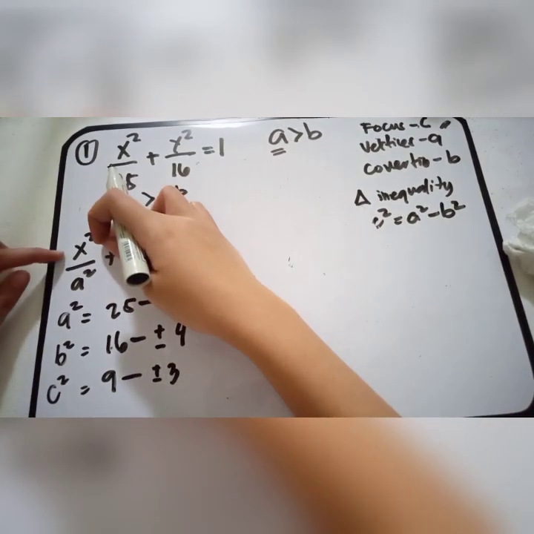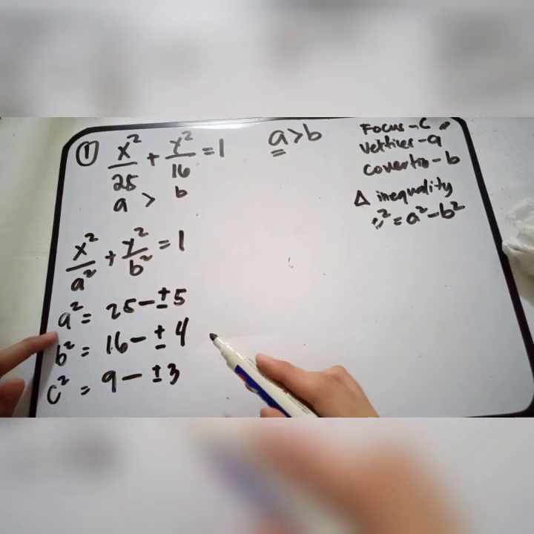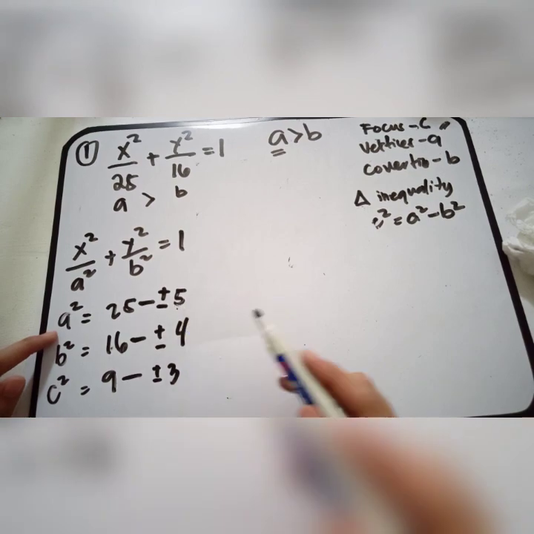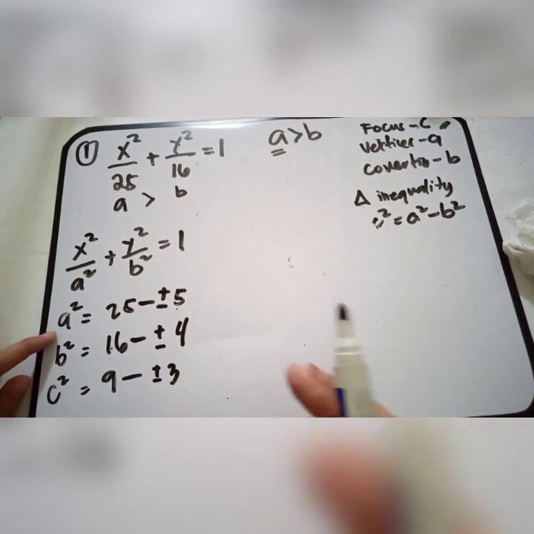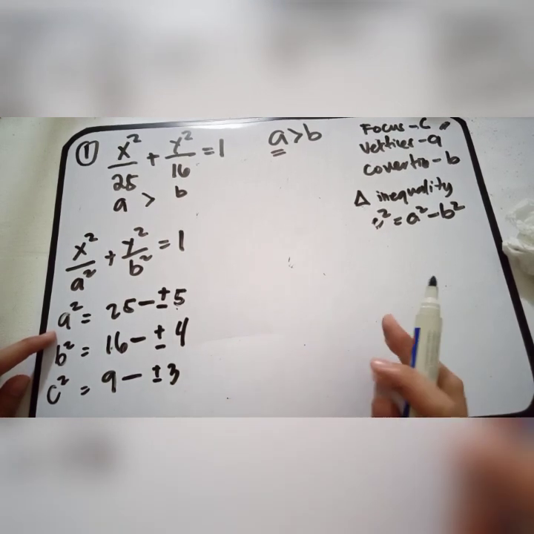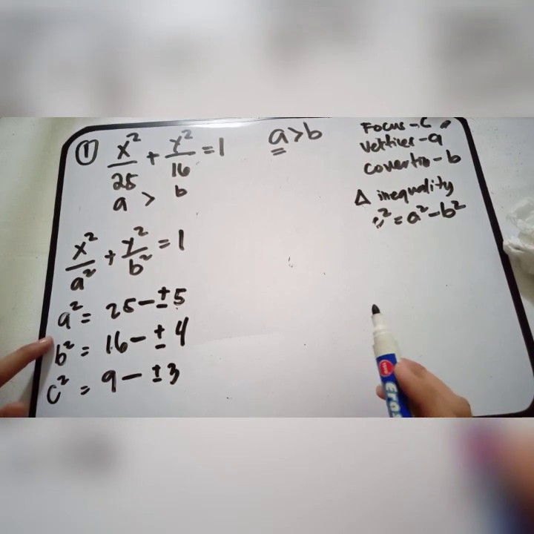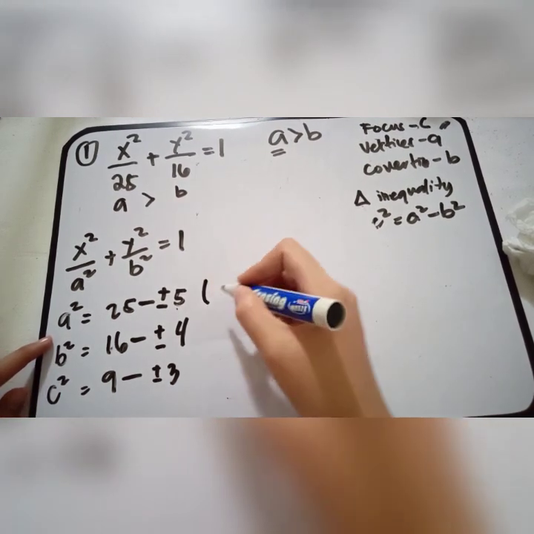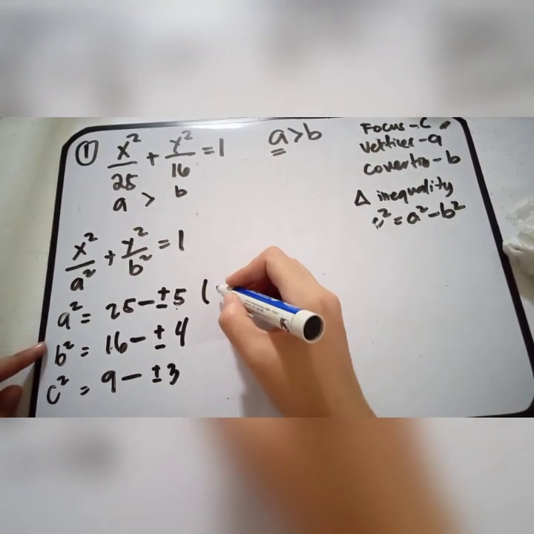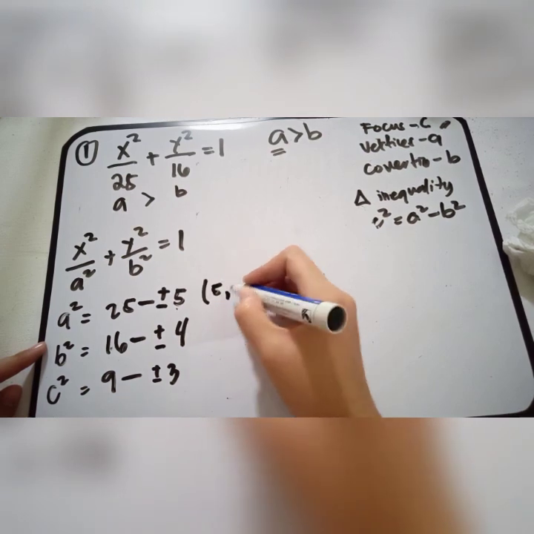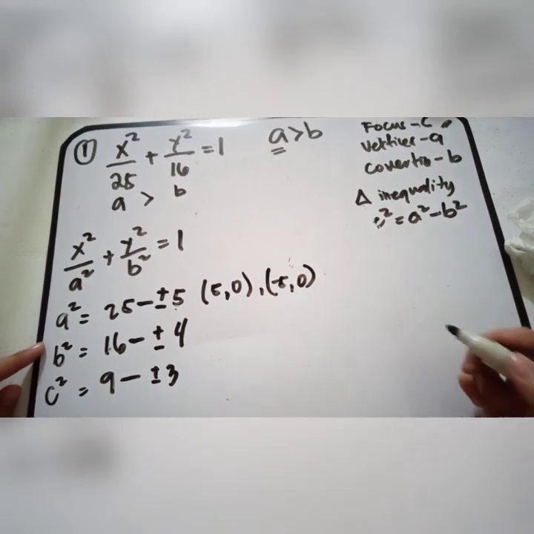Since it is a major horizontal axis, our A, or our 5, is on H. Since it is a horizontal axis, our A, or our vertices, lies on our major horizontal axis. So it goes like this. Let's write it as coordinates to make it clearer: 5, 0, and negative 5, 0.